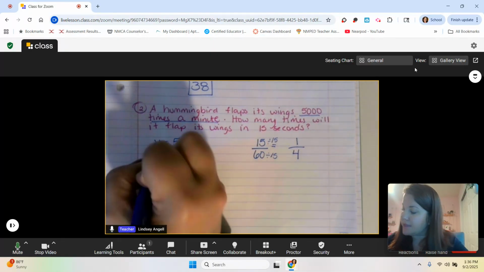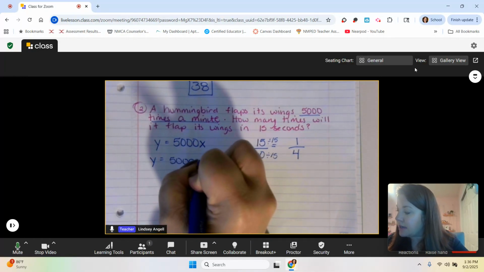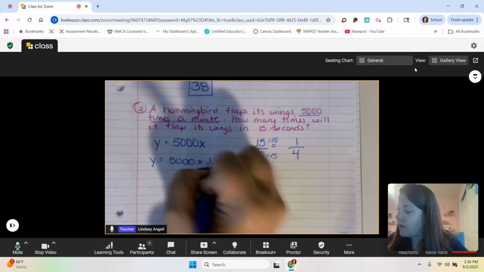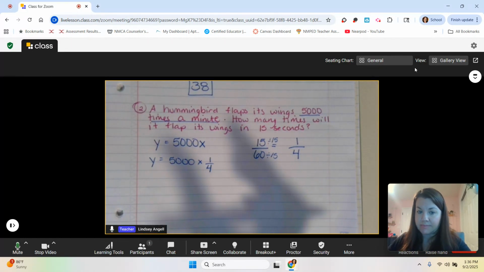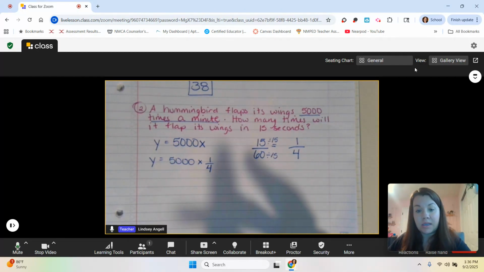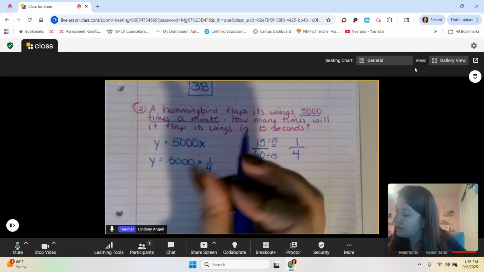So I can take this equation and I can say, okay, I've got 5,000 times 1/4, and that will tell me how many times the hummingbird flaps its wings in 15 seconds. Okay, so I could rewrite this even.